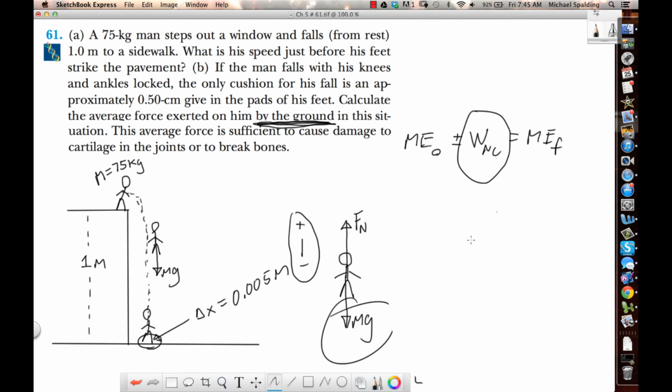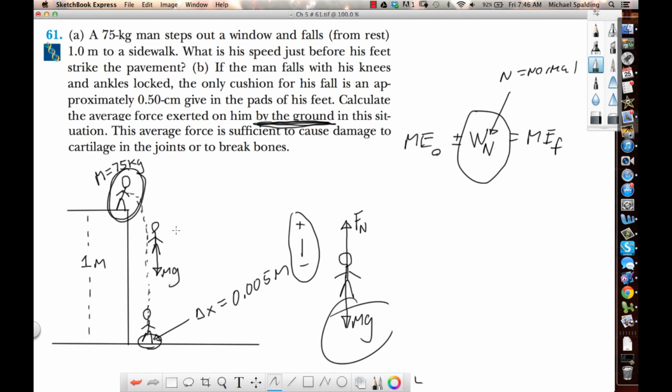All right, so let's call it what it is. This non-conservative force here is the normal force. I'm going to put Wn. N stands for normal. Where should the initial be? I would just keep the initial up here.